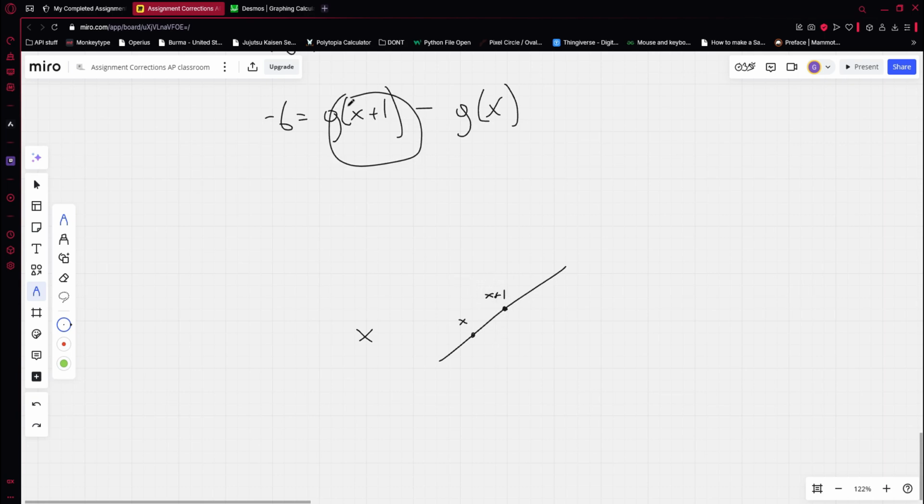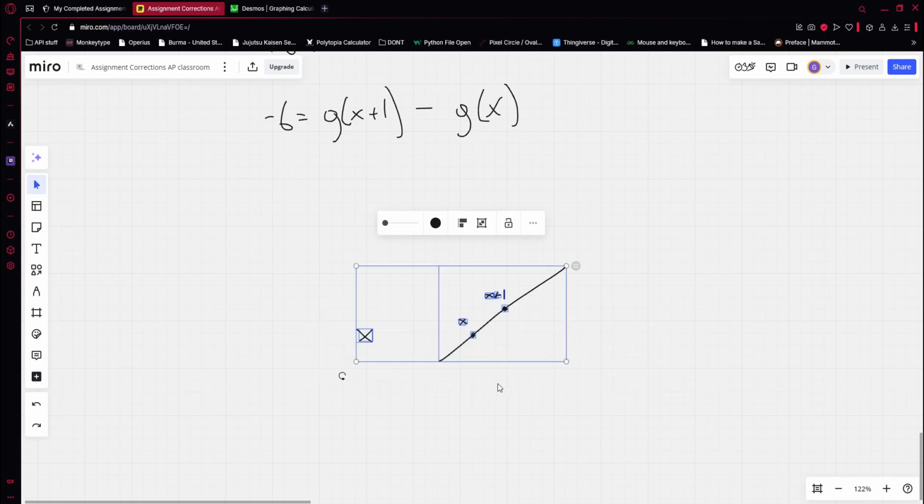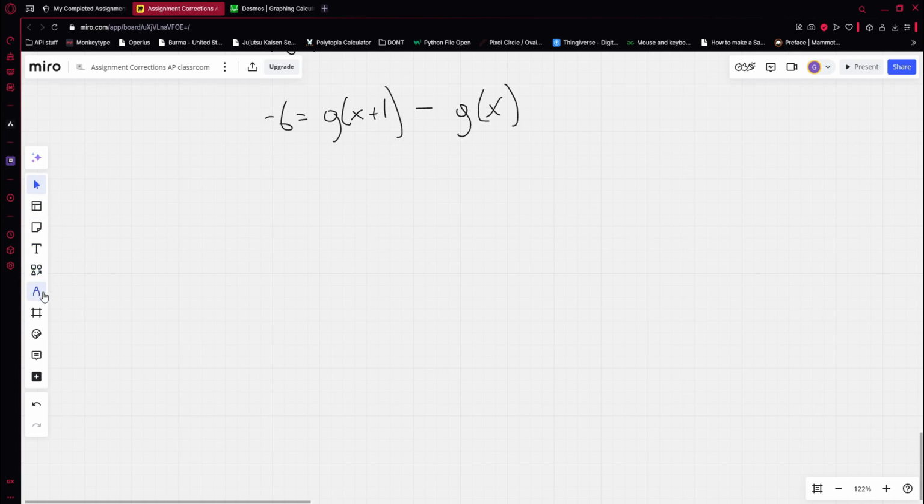Because it's a higher x value, it should be a higher y value if it was increasing. But you see, you get a negative number. No matter what you do, it's going to be negative, which means that the higher numbers of x will be below the lower numbers of x, which means it's a decreasing line.